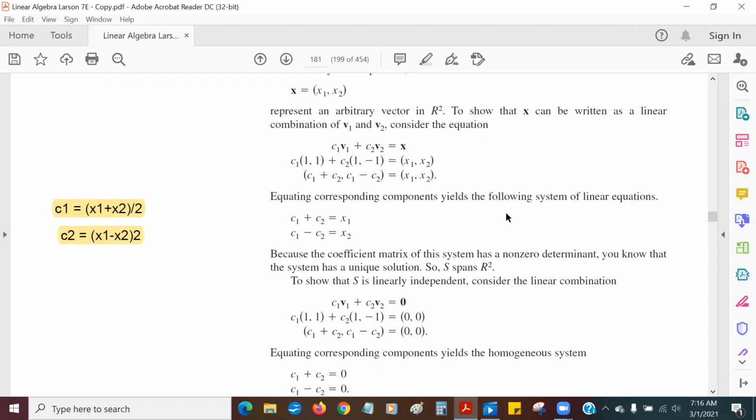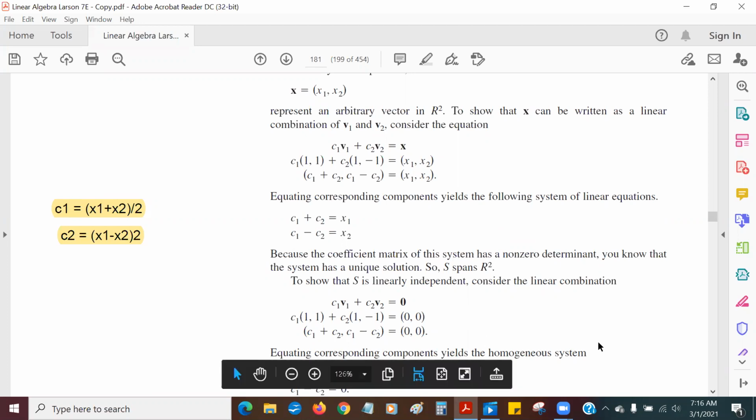Moving on. Now we know that this set of vectors spans the vector space, so any vector in R2 can be written as a linear combination of V1 and V2. Now we have to show that the set S is linearly independent, and that's actually kind of the same thing.